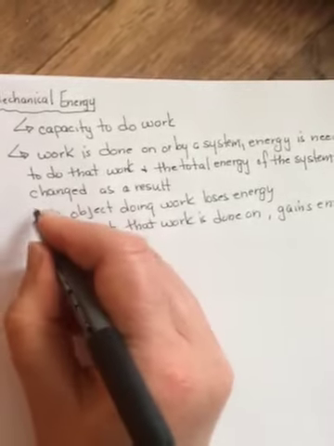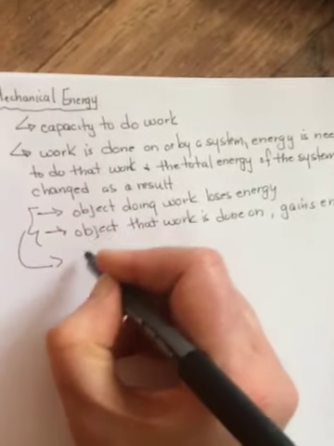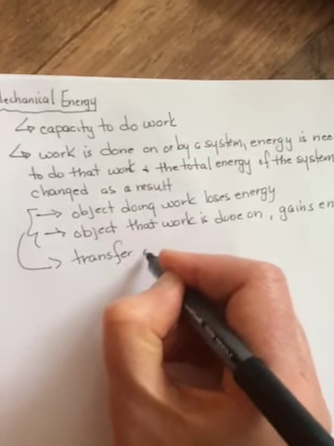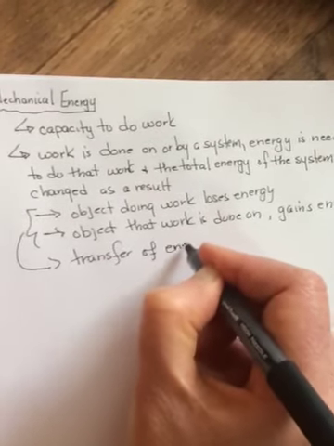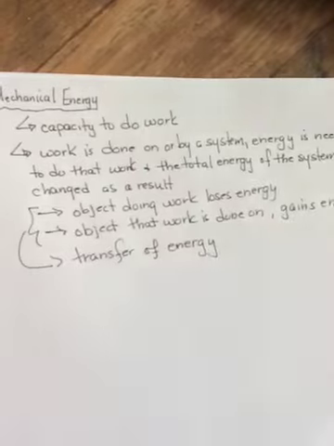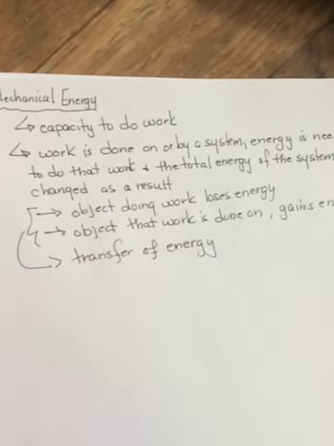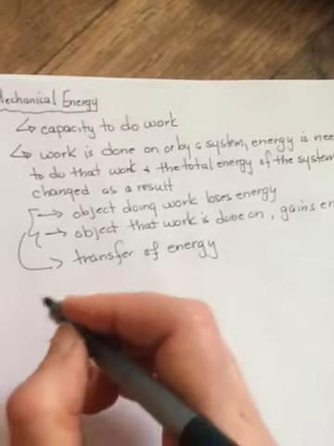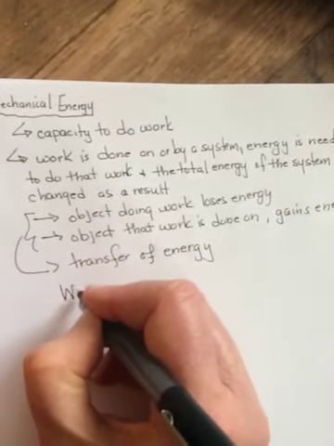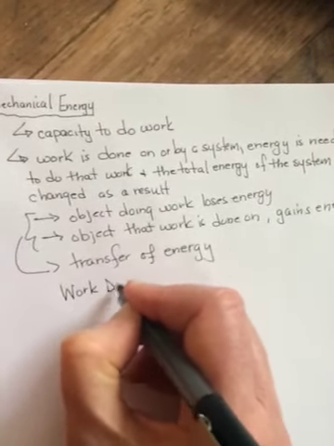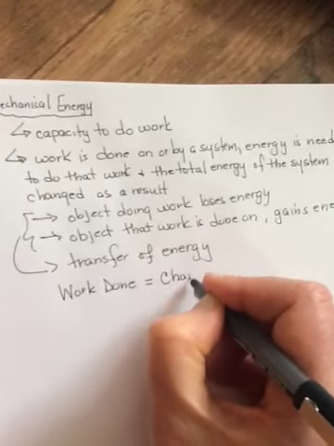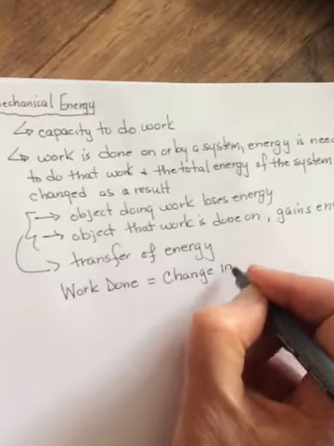Okay, so clearly from this you can see a transfer of energy takes place from one object to the other. And in perfect ideal conditions there would be no energy lost. Unfortunately, in real life there is energy lost. So the work done by one object should equal the change in energy.